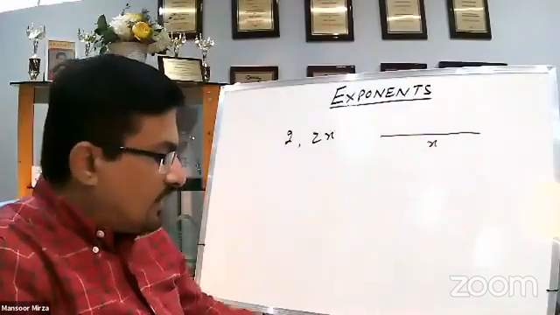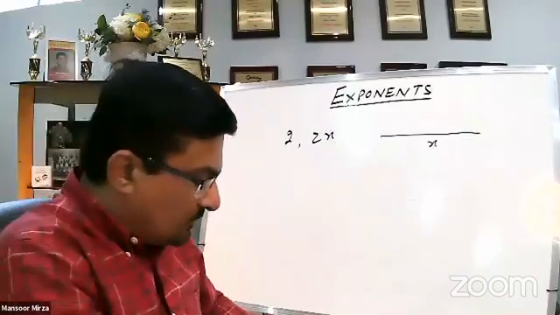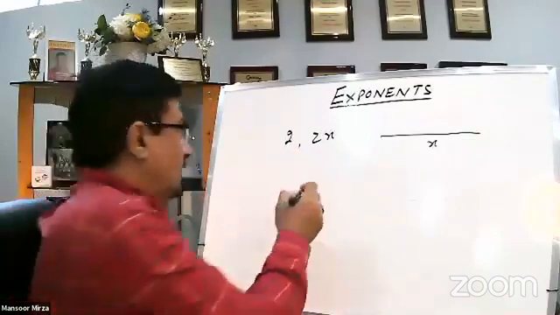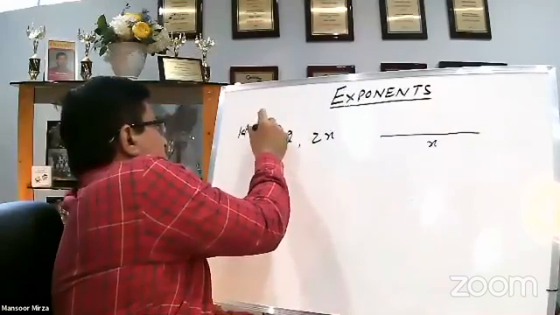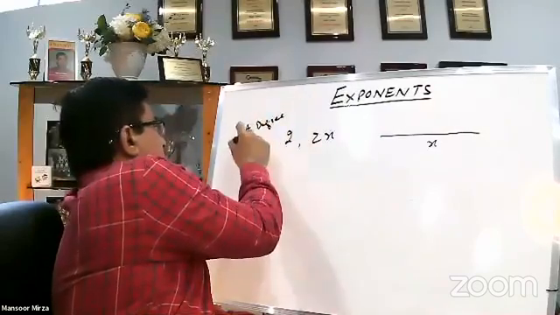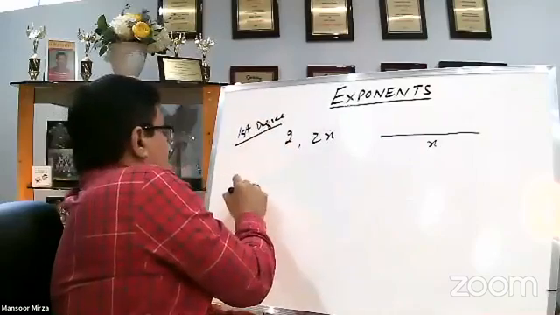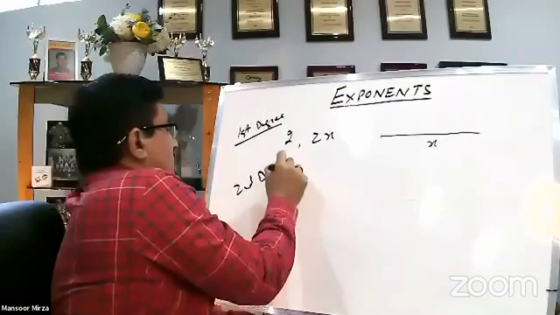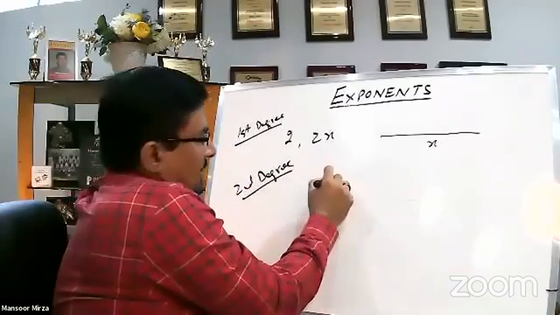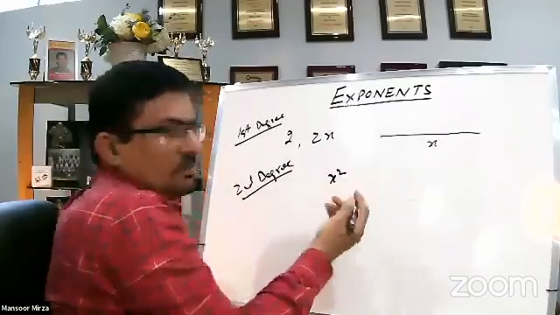Then we have a second degree term, and second degree terms are always two-dimensional. So this was the first degree. Now I'm talking about second degree. Second degree is like, say, x squared. Simple.